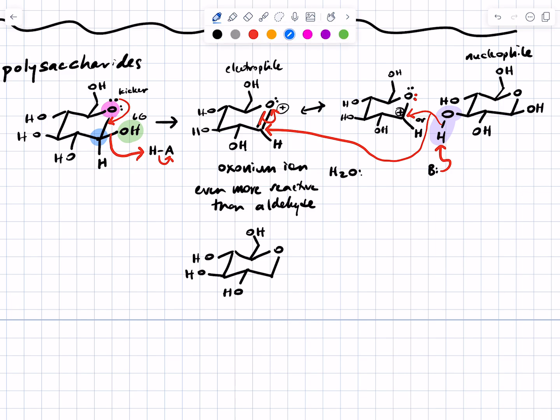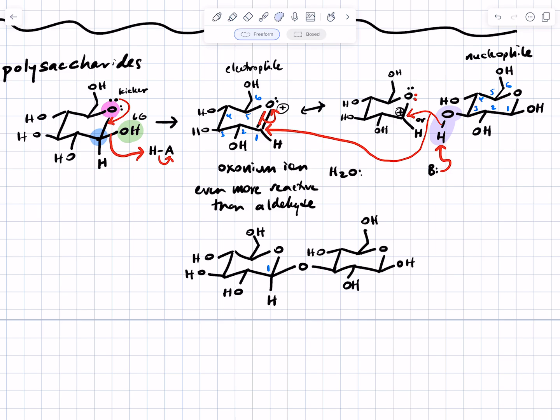And this is C1, 2, 3, 4, 5, and 6, and this is C1, 2, 3, 4, 5, and 6. All right. So the C3 hydroxyl from the nucleophile is attacking C1 of the electrophile, and it can do so either to give me a beta configuration at C1 of my electrophile, or alternatively, it can give me an alpha configuration.